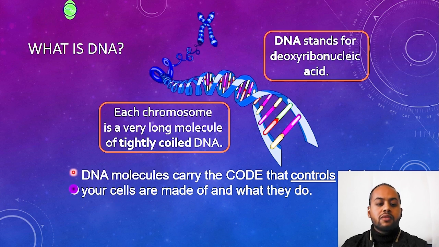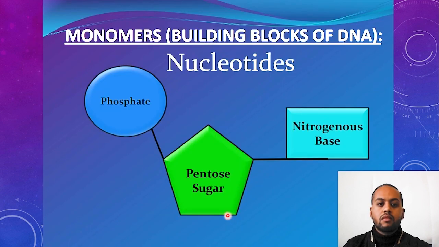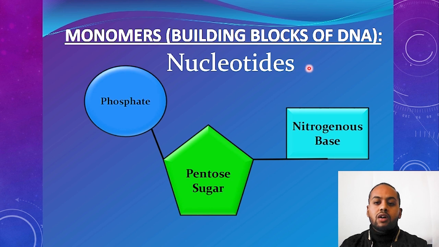Now, another important factor to remember is that the DNA molecule carries the code that controls what your cells are made of and what they are going to be doing. The monomers or building blocks of DNA, what does this mean?